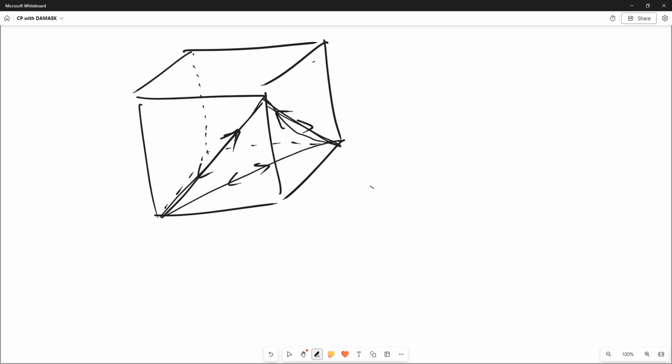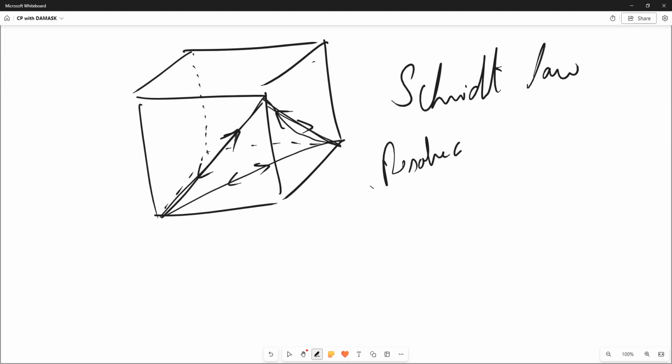So what we generally have is Schmid's law, right, which states that there is a resolved shear stress on any slip system, right?